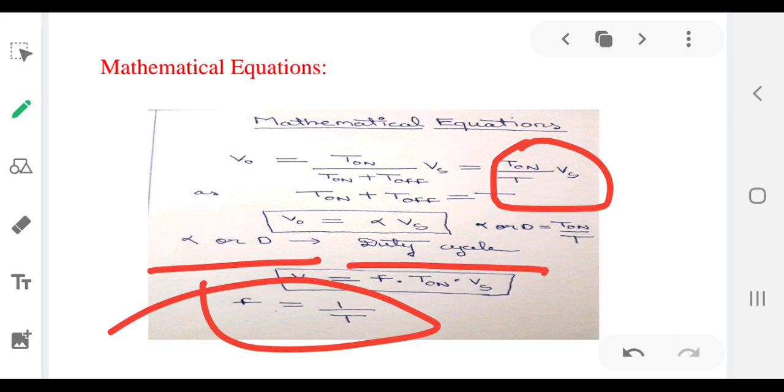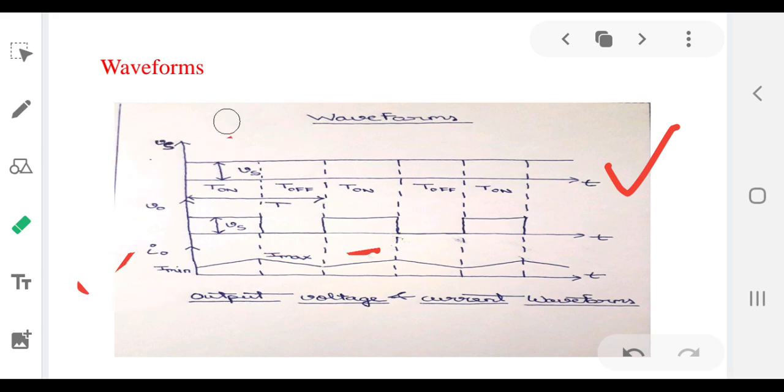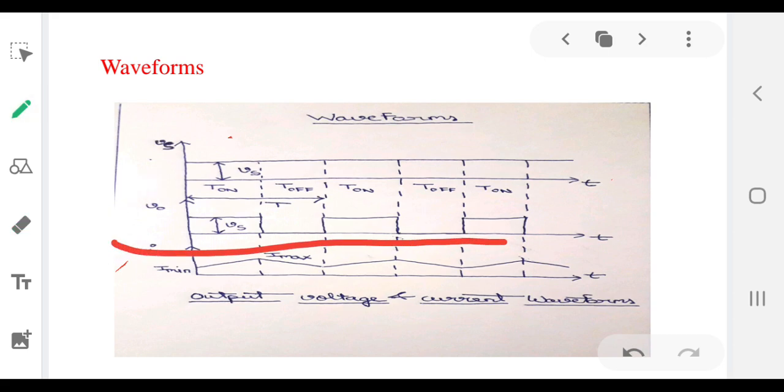What is duty cycle? That is T on upon the total time period. The output voltage waveform is a periodic function whose period is T, and that T is equal to T on plus T off.